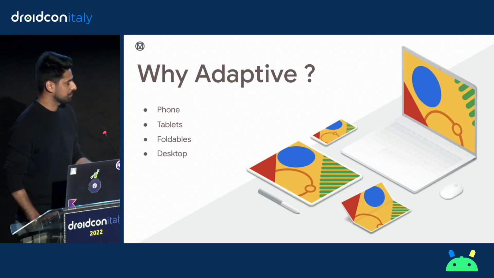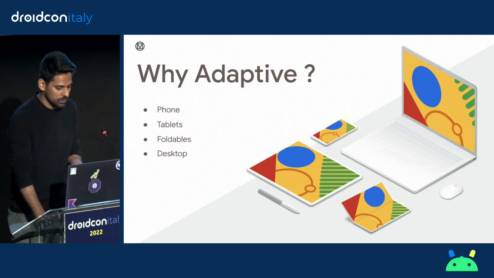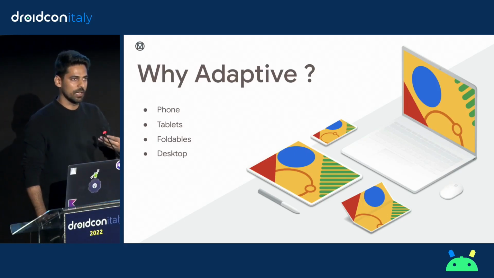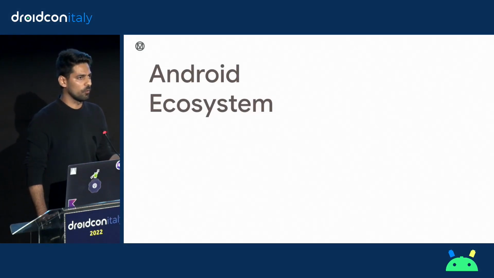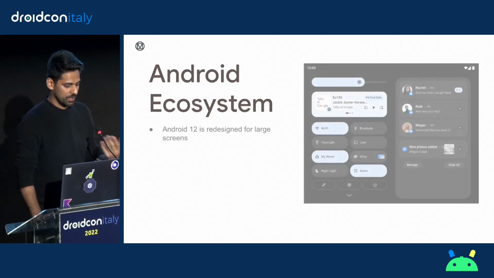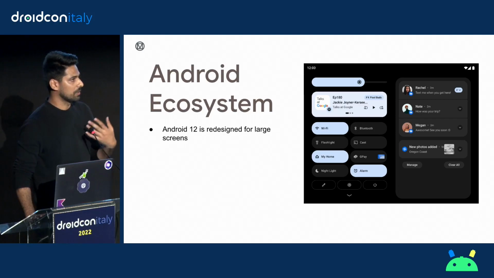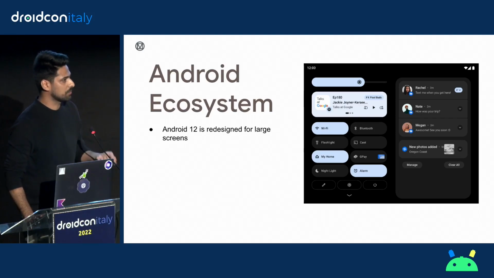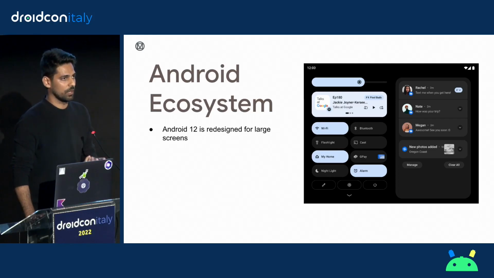Before we make our apps adaptive, we want to know what the tools at our disposal are that help us achieve that goal. So the Android ecosystem is an ever-evolving ecosystem, and it has been growing for the past 10 years. And with Android 12, it's completely redesigned for large screens. And it makes sure the whole user experience of the OS on tablets or large screens is very cohesive.